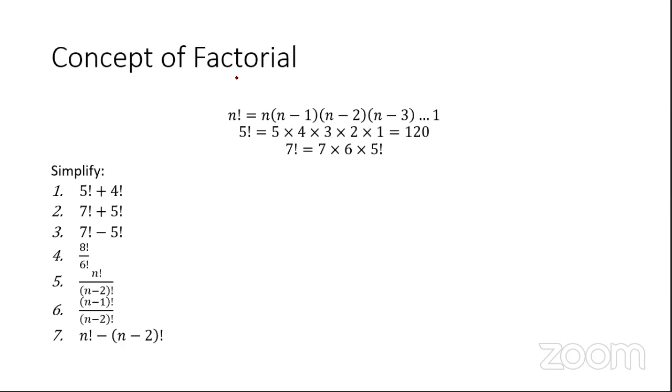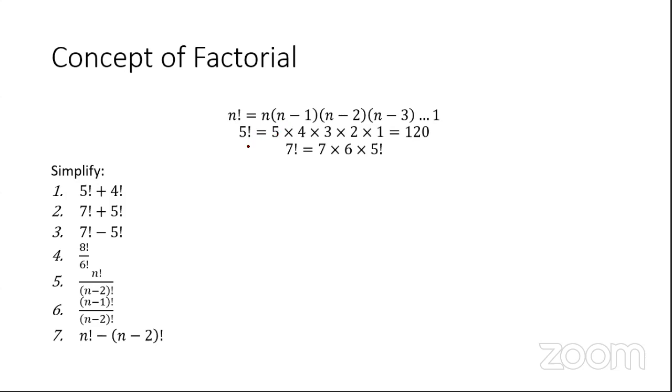So this is the concept of factorial. When we say n factorial, it means we are multiplying all the consecutive numbers from 1 to n, the product of all the consecutive numbers from 1 to n. That's the meaning.